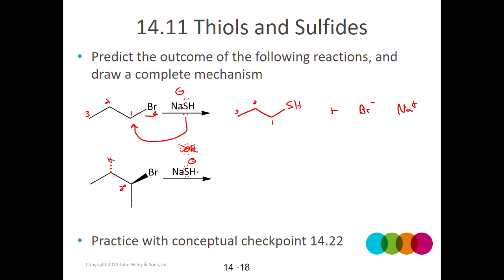You can basically ignore the elimination that might occur and just expect the thiol to come in, or the sulfide to come in and push out the leaving group. And since this occurs by SN2, if the leaving group is positioned in one direction spatially, the SH minus would have to come in the opposite direction from that, ending up with the opposite spatial positioning.